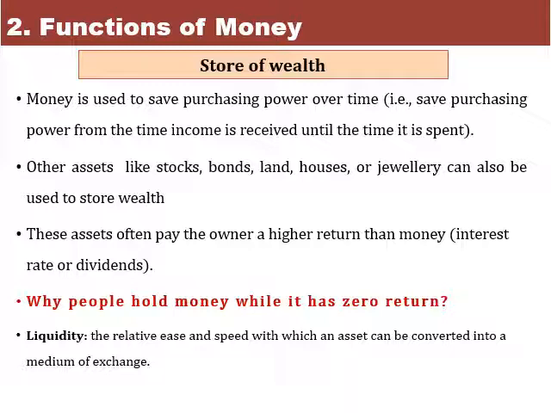This is because money loses its value. When money loses its value, we can say that money doesn't perform its function as a store of wealth. So it's very common during hyperinflation that people will replace money with other assets.